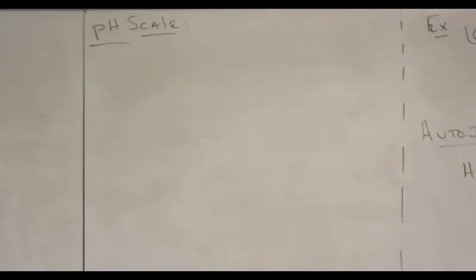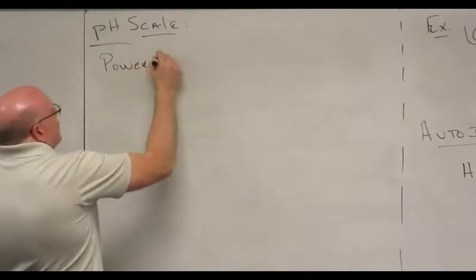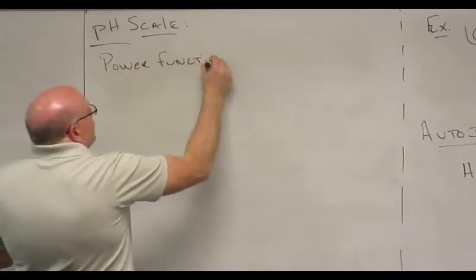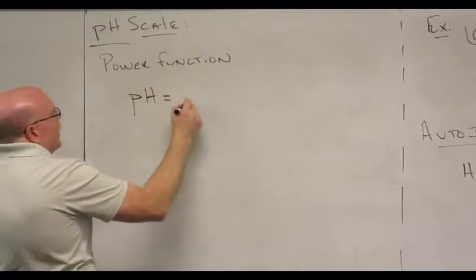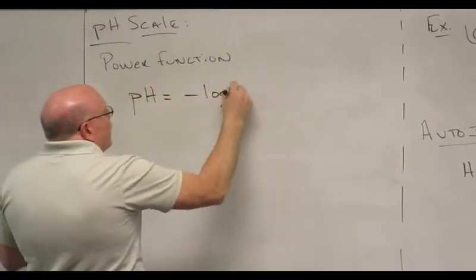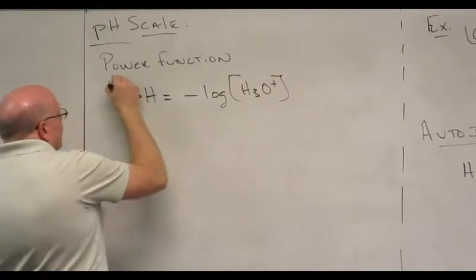You know how that works. Mathematically, though, the P part of this is a power function. The power function tells us that the pH, the power of the hydrogen ion, is the negative log of the hydronium ion concentration.